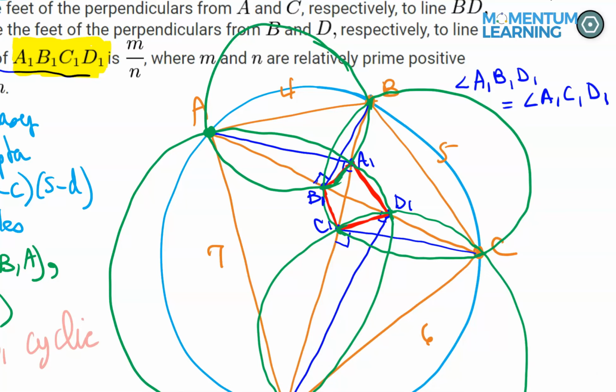So let's start with angle A1 B1 D1. If you start with that angle, which is hard to see, but somewhere here, do you guys see that? This angle over here, A1 B1 D1, is the same thing as A1 B1 C, right? Those are the same angles because B1, D1, C are collinear.